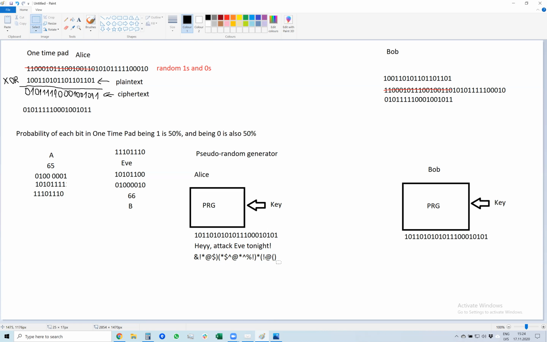She sends it to Bob, and since Bob has the same key, he gives it to the pseudo-random generator. He XORs the ciphertext with the random numbers that his pseudo-random generator created, and he gets the original message, hey, attack Eve tonight. Right?